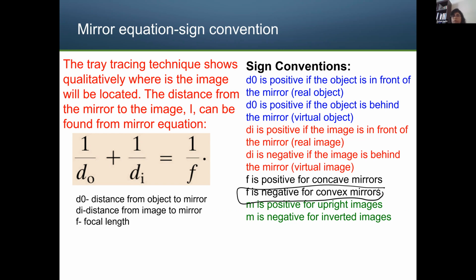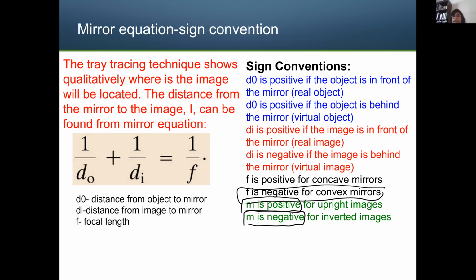That is very important. Other than that, f is positive. According to your calculation, by using m, you can decide that if m is positive, that will be an upright image, that means the same orientation. If m is negative, that will give you the inverted image at the end, right?